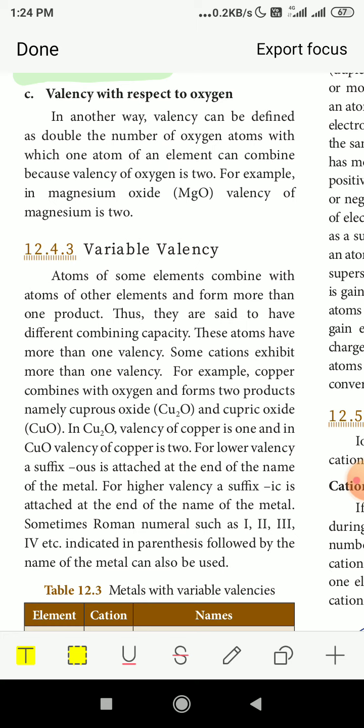In cuprous oxide, Cu2O, the valency of copper is 1, and in cupric oxide, CuO, the valency of copper is 2.